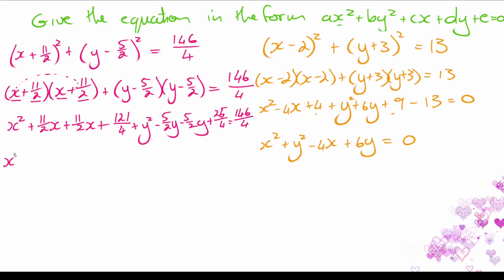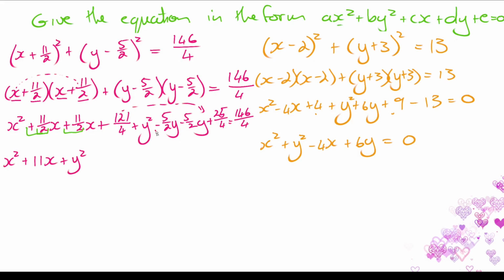Okay, now we got to simplify this mess. So we go x squared, and you take your calculator and you just type in the plus and that with that. And it will tell you what it is if you're not too sure about it yourself. It's 11x. I'm going to move this one to the back. Plus y squared.